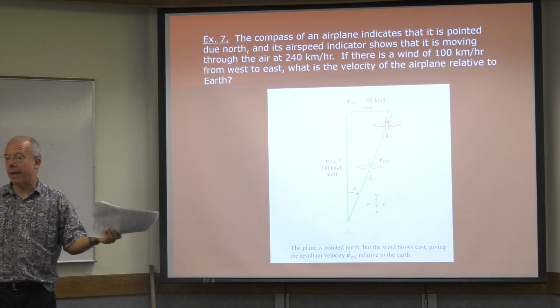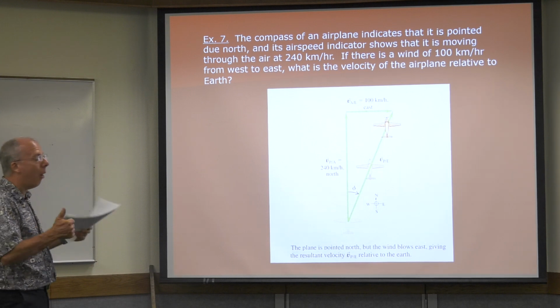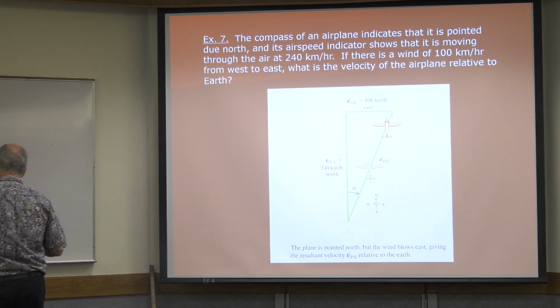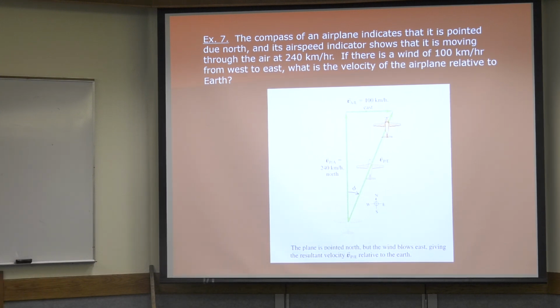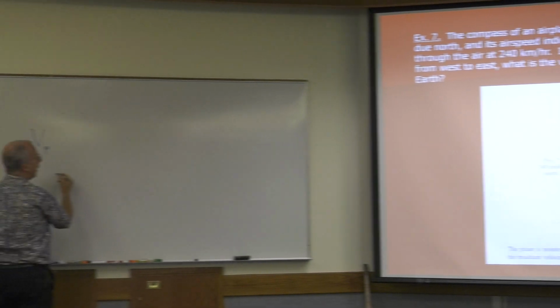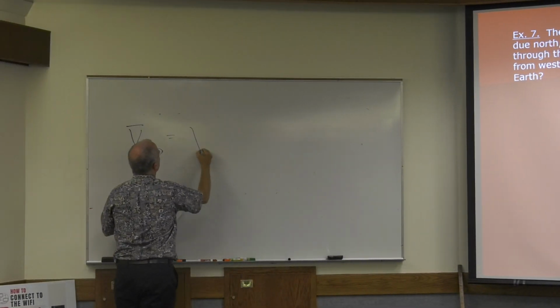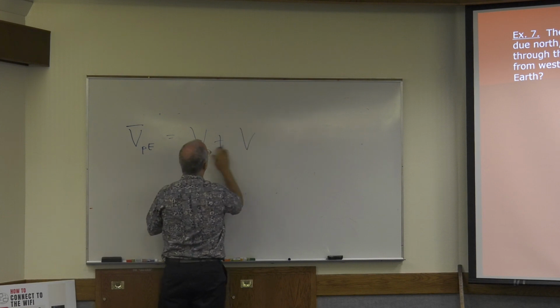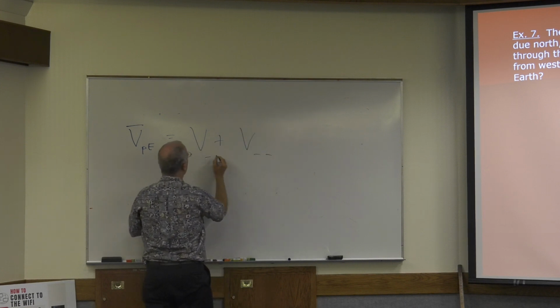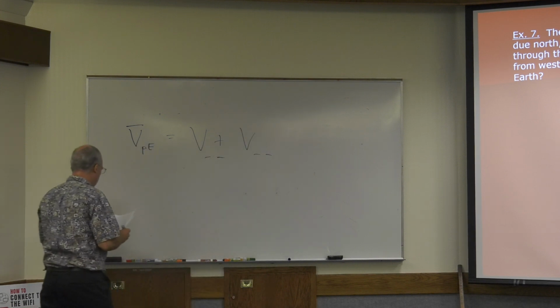When in doubt, just use that formula that always works. It will always work. So what do we want? We want the velocity of the plane relative to Earth. Here's a funny formula.